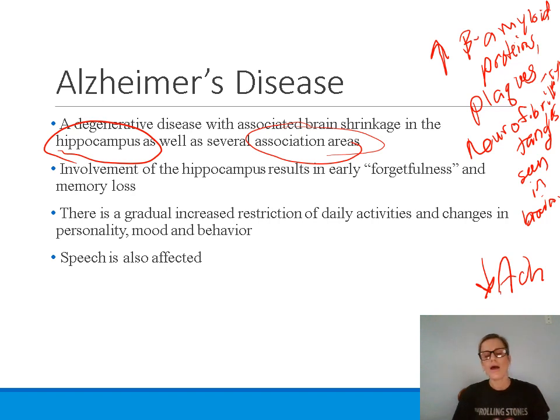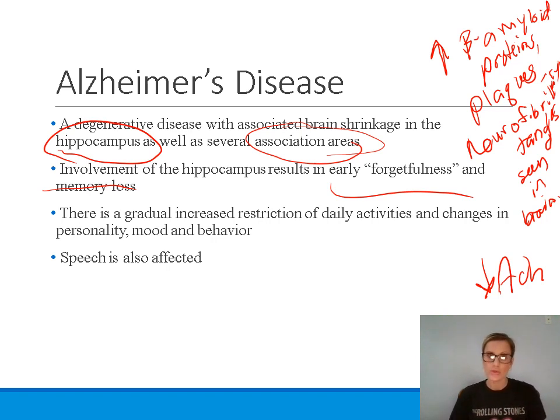So this is why with Alzheimer's disease in the beginning, we have this early forgetfulness that occurs, forgetting where you left something, forgetting where you parked, forgetting where you're supposed to be, where you're supposed to go that day, where you put things. That's because of shrinkage and degeneration of the hippocampus. And again, memory loss occurs because in order to form memories, you need the hippocampus to be active.